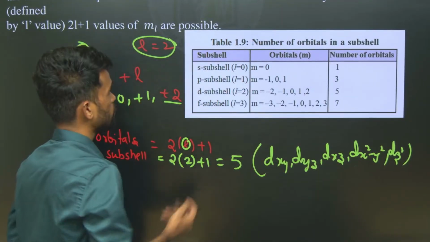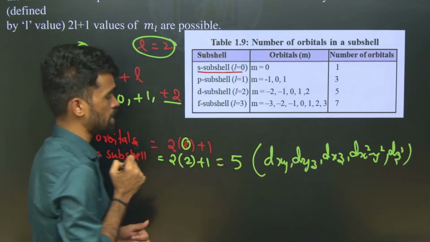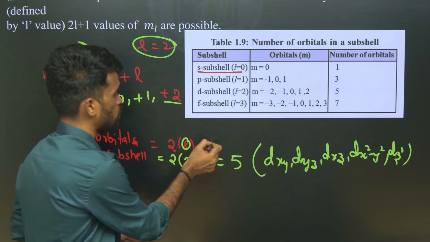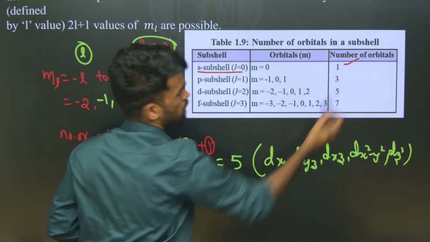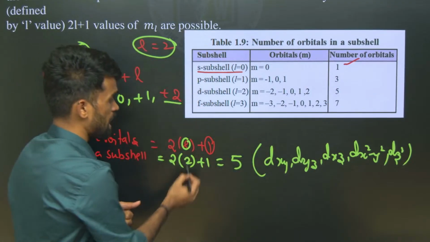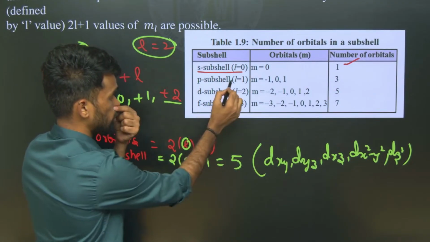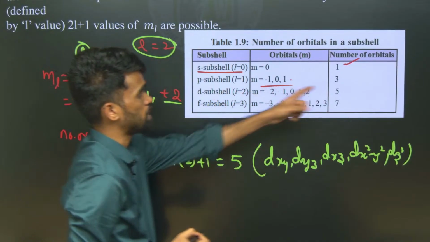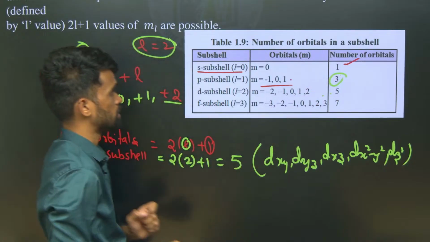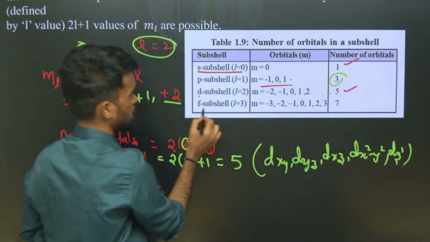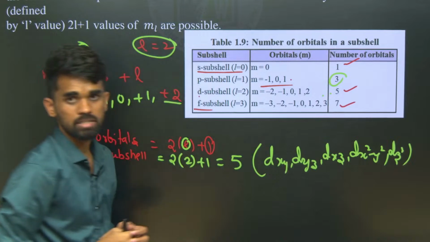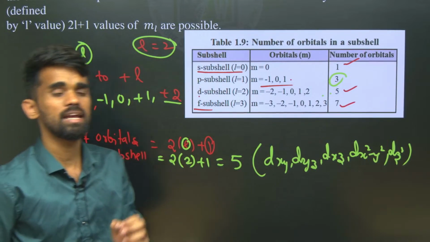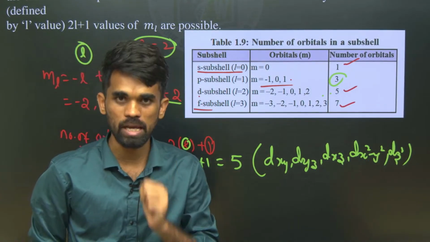Similarly, for the s subshell the l value is 0, so there is only one orbital. For the p subshell the l value is 1, so 2 into 1 plus 1 is 3, with ml values minus 1, 0, plus 1, so 3 orbitals are there. In d we have 5 orbitals, and in the f subshell we have 7 orbitals. Each orbital can accommodate a maximum of 2 electrons.